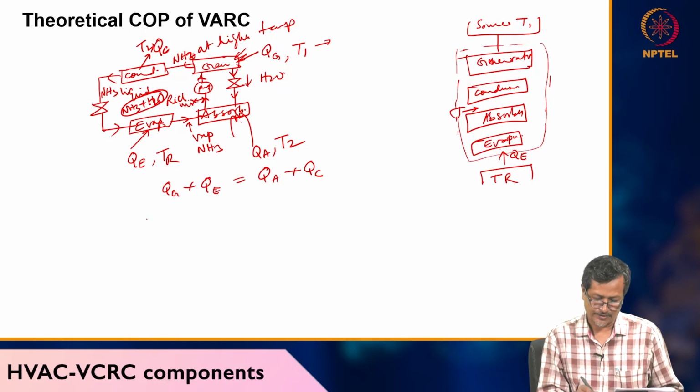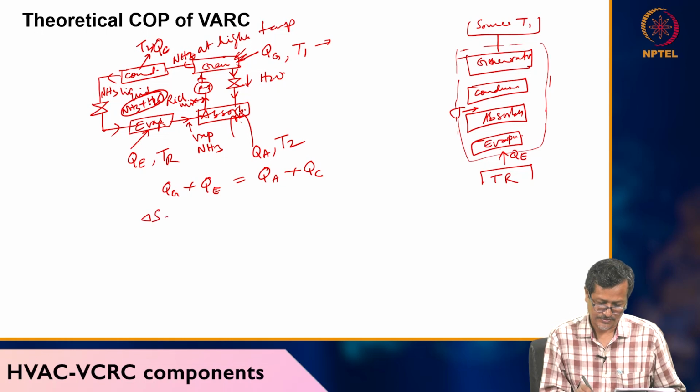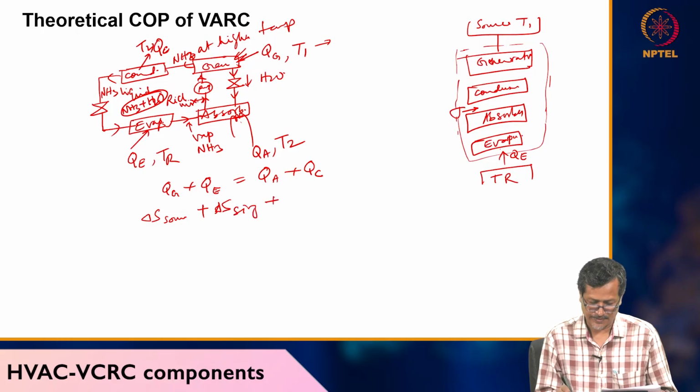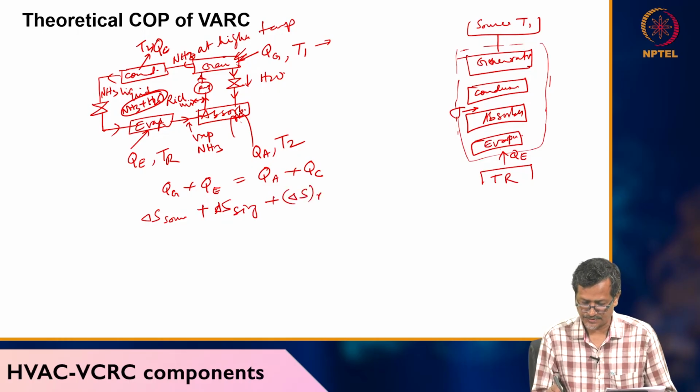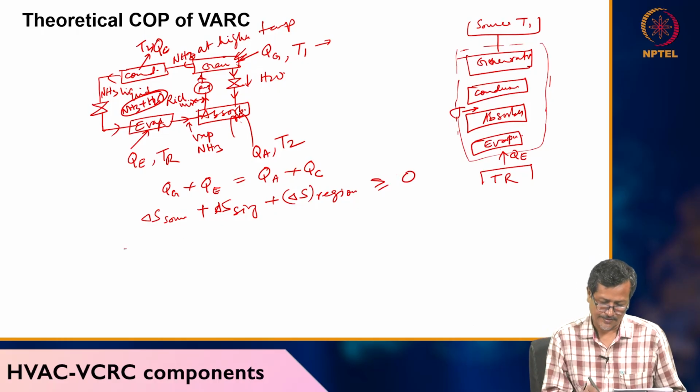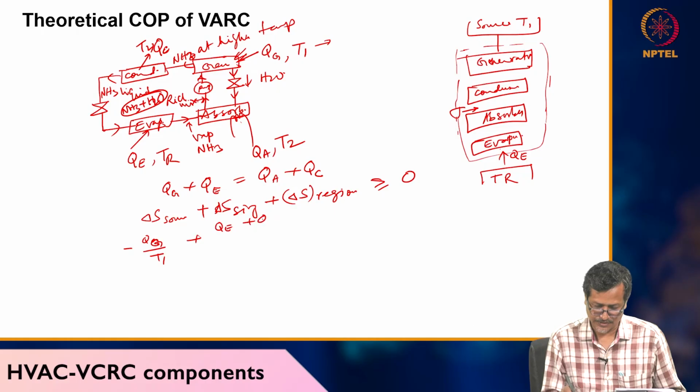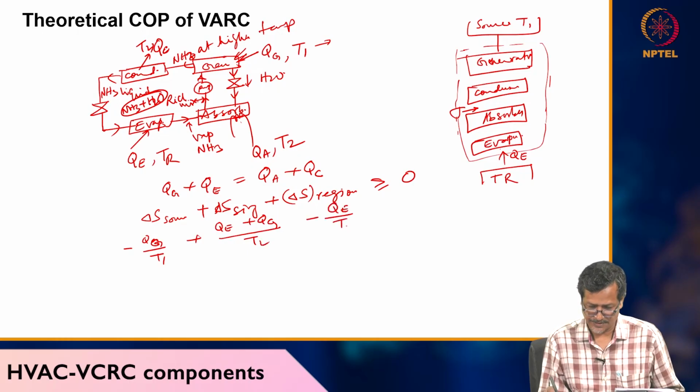Okay, and the second law of thermodynamics says del S source plus del S sink plus del S region is greater than or equal to 0. So minus Qg by T1 plus QE plus Qg by T2 minus QE by TR is greater than or equal to 0.